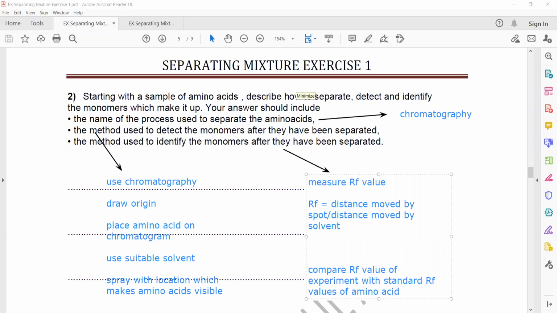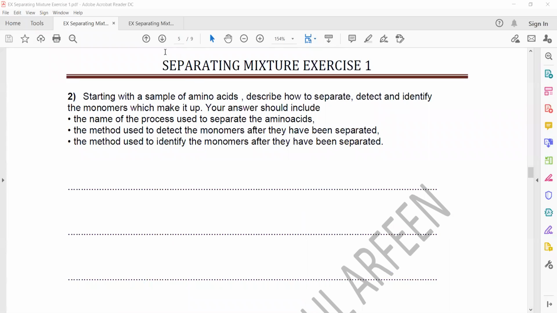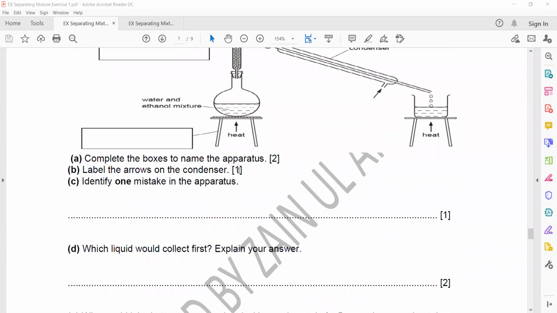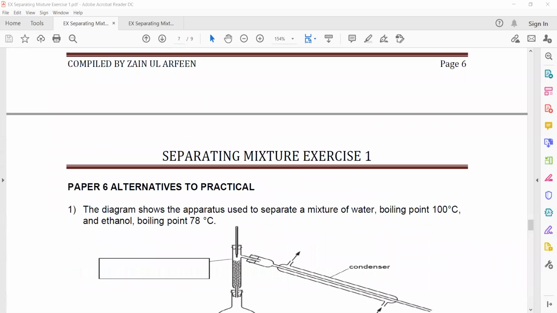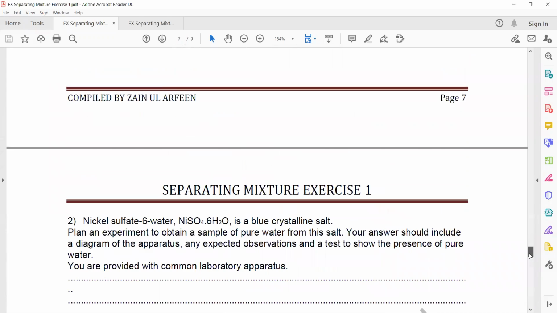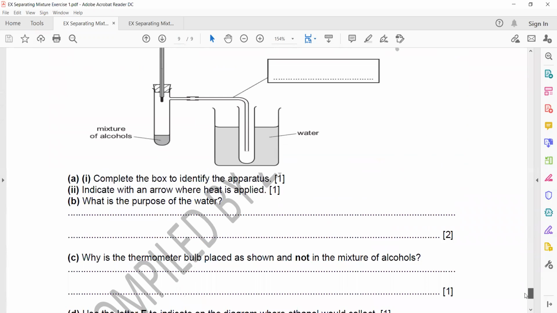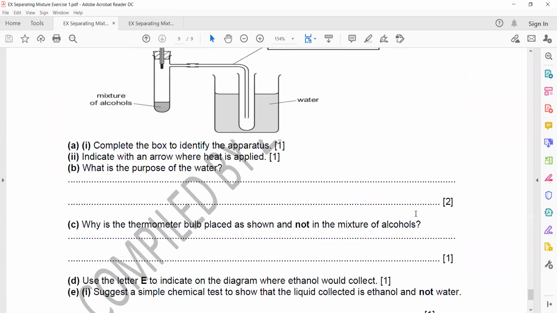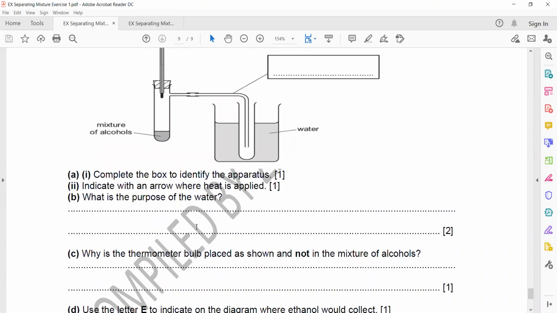Question number 4, part C, page 9. Why is the thermometer bulb placed as shown, not in the mixture? What is the reason for that? Because we want the temperature of the vapors, not the temperature of the mixture.